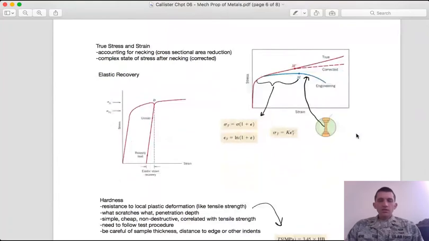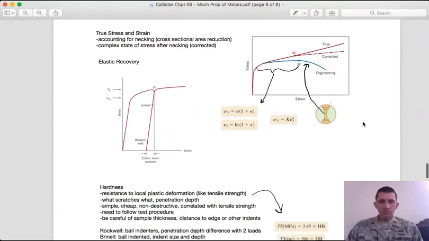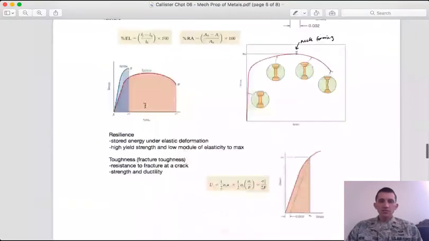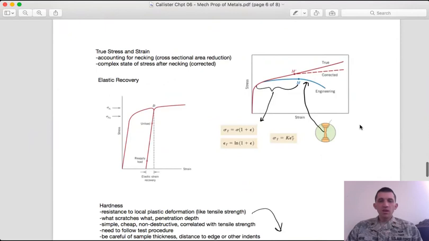Now that we've talked quite a bit about stress-strain curves, we'll pull back the curtain a little bit and say that actually this stress-strain curve that we showed before isn't correct. Remember that when we are applying a stress, that's force per area.